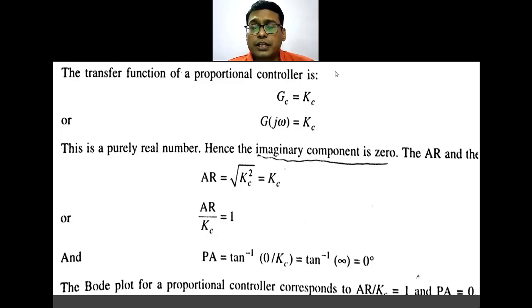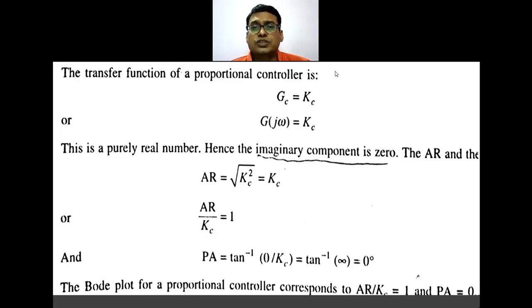While plotting the Bode plot, we have two things: one plot is the amplitude ratio against the radian frequency, and the second plot is the phase angle against the frequency.